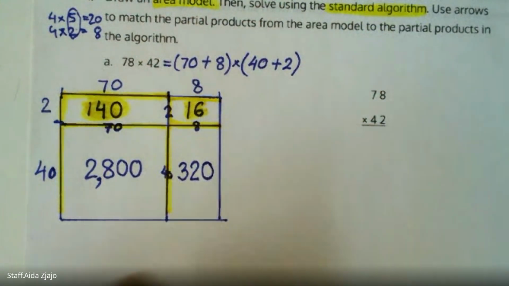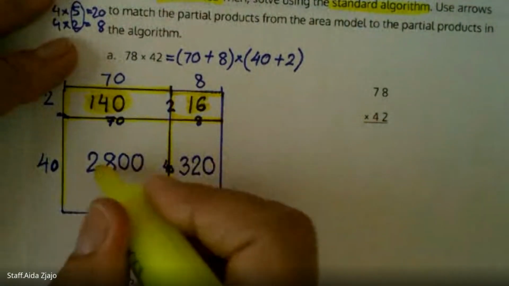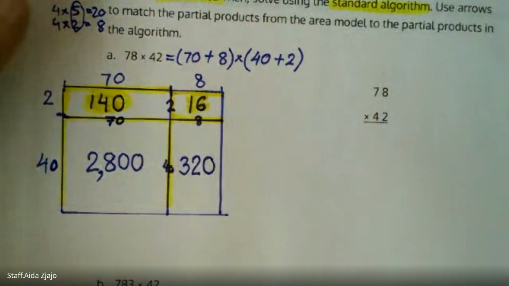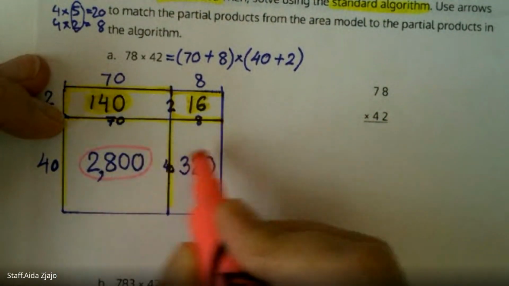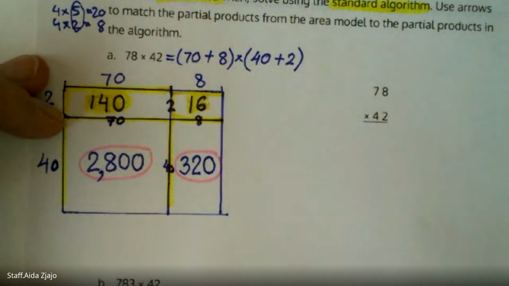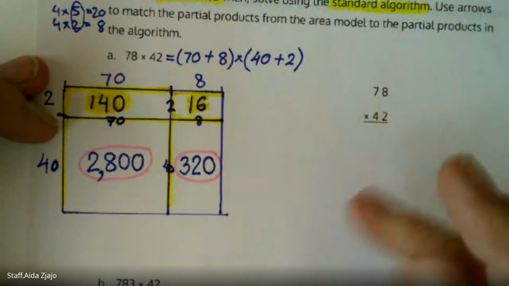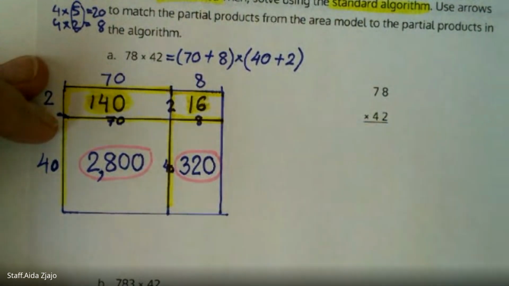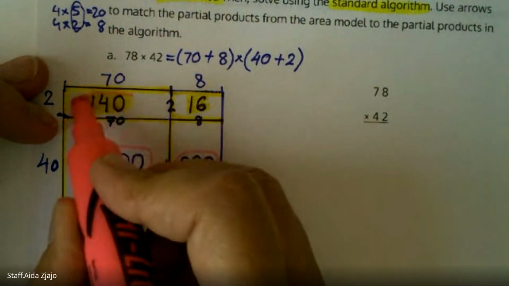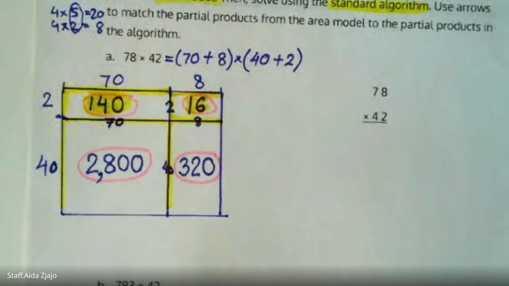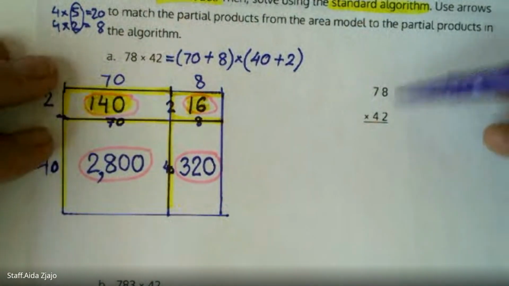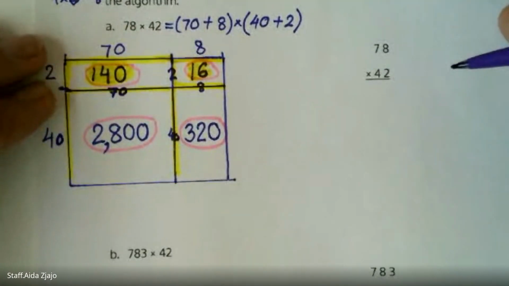So now I do have all these areas, and I can add this, and that will be one of my partial products. And then if I add this one and this one, it's going to be another part that is connected to the standard algorithm.